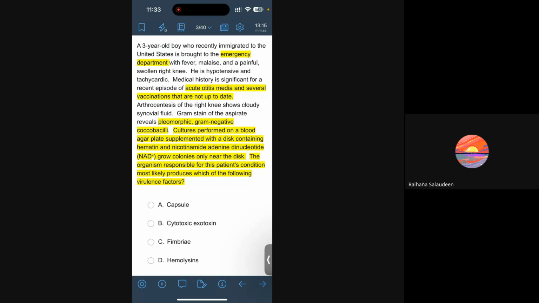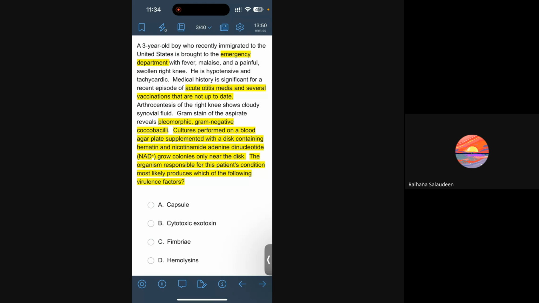If you memorize them, you can solve this question in an instant, and 50% of the microbiology questions can be solved. So we are using hematin and NAD plus agar to grow this specific bacteria, a pleomorphic gram-negative cocobacilli, which is the reason the patient is coming to the emergency department. First we have to diagnose the patient.